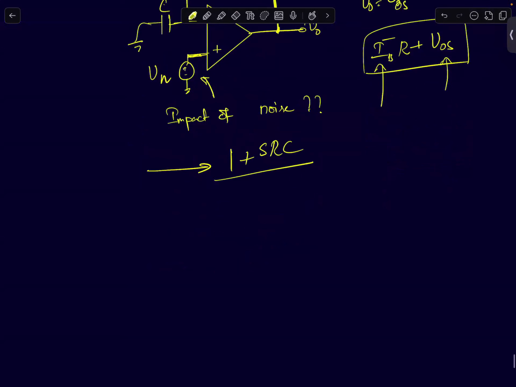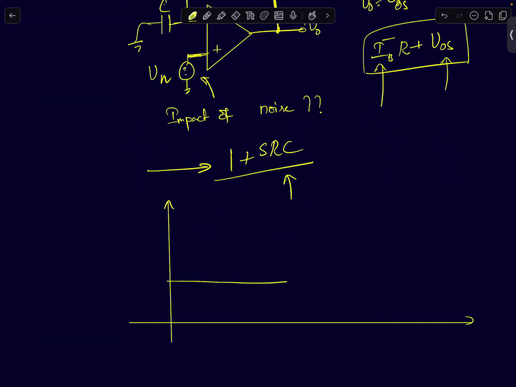If you plot this transfer function, the value at DC is 1, or 0 decibels. After omega equal to 1 by RC, this function can be written as 1 plus j omega RC. At omega equal to 1 by RC, it will become root 2 and it will go like this.